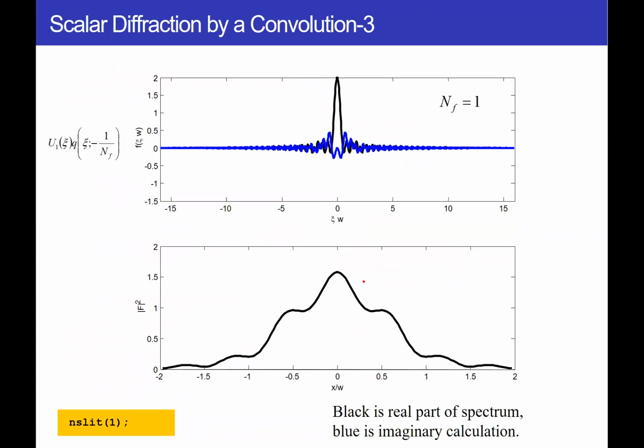So in this case, it also shows the real part and the imaginary part of the inverse Fourier transformed case here. Okay. And then this is the NF equal to 1 case. Okay. Looks the same. And if you just type in n slit with 1 as the Fresnel number, you get this graph.